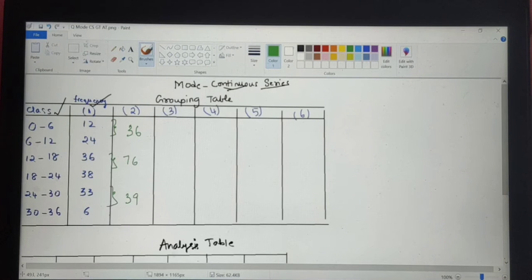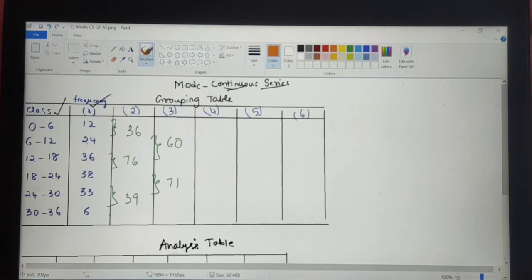In the third column we group into twos by leaving the first value, which is 12, that is 24, 36, 33 and 38. So here we will have 40, 50, 60, here 71 and here 60.